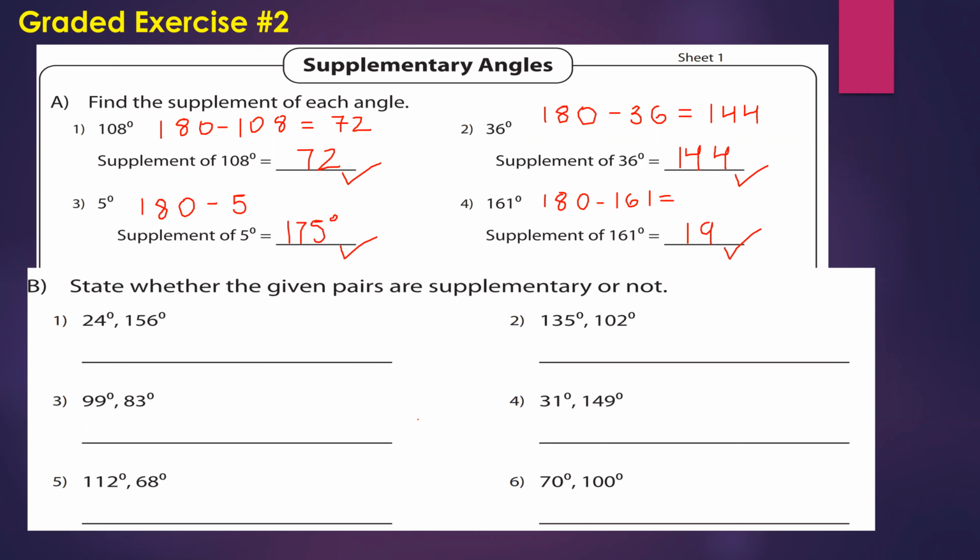Talia, do you know how to do B? Say whether the given pairs are supplementary. I worked them out. I didn't know if I was supposed to put yes or no. That's fine. What did you put for number 1? For number 1 it is 180. So you got exactly 180.